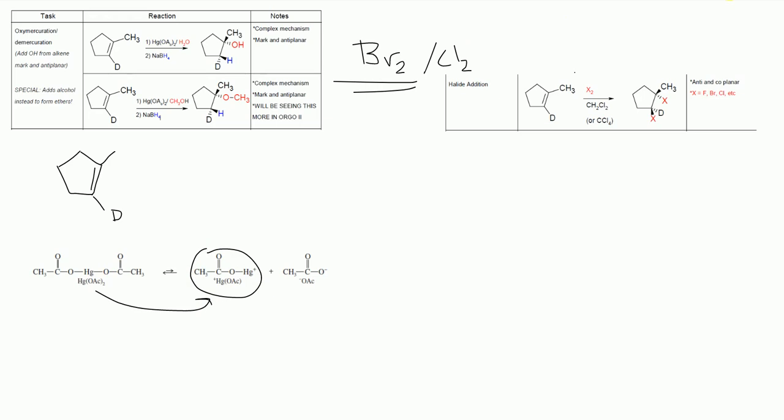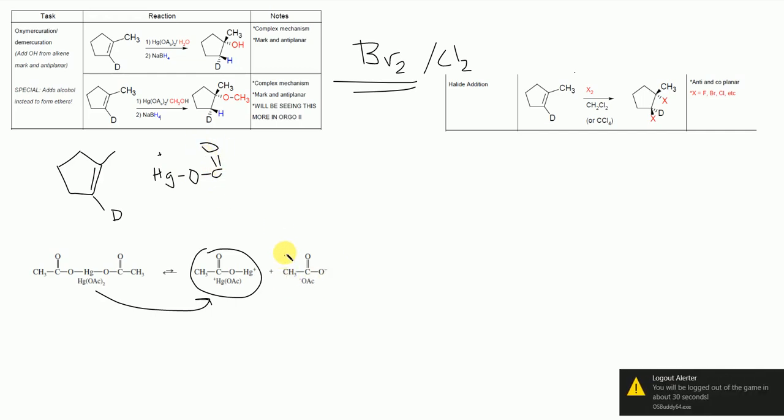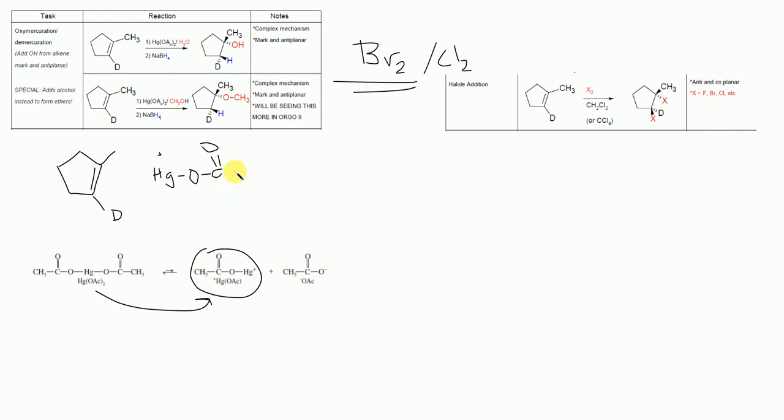When I form this, it is susceptible to being attacked by the double bond carbons. The double bond is electron dense, and the Hg is now electron accepting, electron deficient. This is all about stability: this can form because it is a stable, resonance-stabilized molecule, and resonance stabilization is extremely important in many of these reactions.